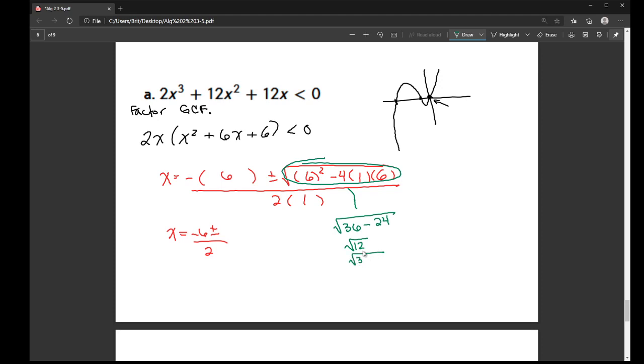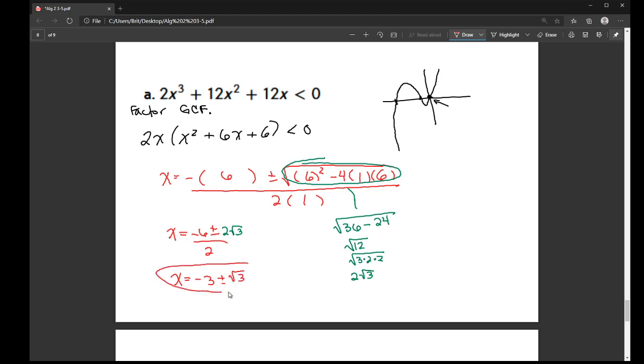Now 12 is 3 times 4, and 4 is 2 times 2. Now because I have a pair of 2's, that's going to come out, and I get 2 root 3 here. And then my last step here, I see 6, 2, and 2. Those have a greatest common factor of 2, so I'm just dividing the 2 out of the problem.